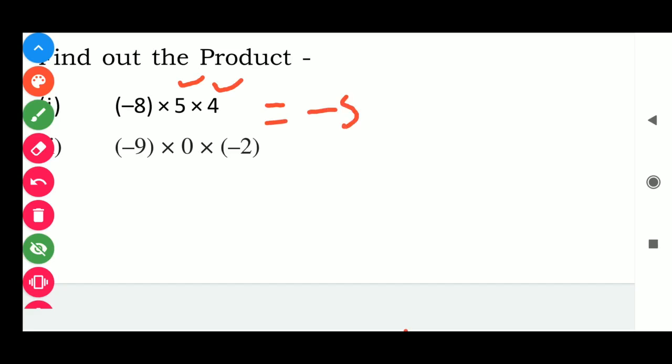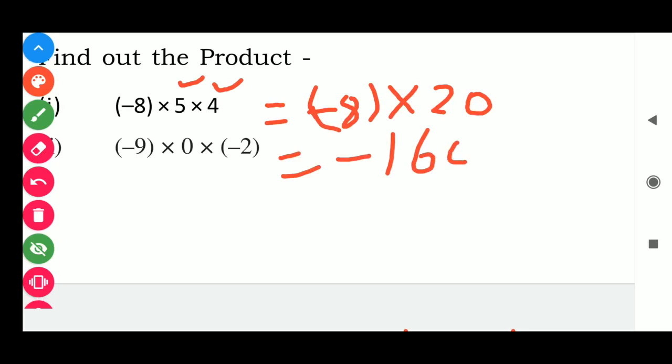Minus 8 into 5, 5 fours are 20. And 8 twos are 16 with minus sign and 10. So your answer is minus 160. That is your answer.